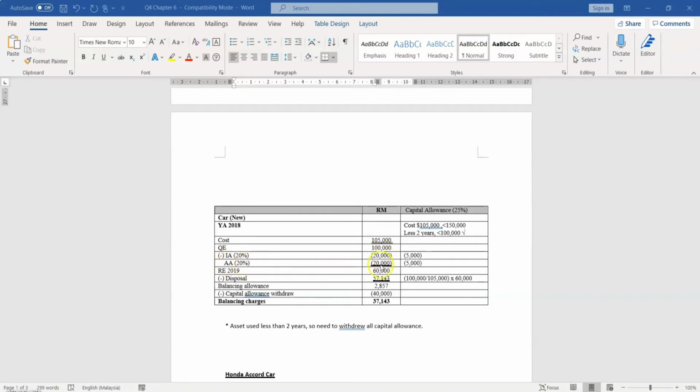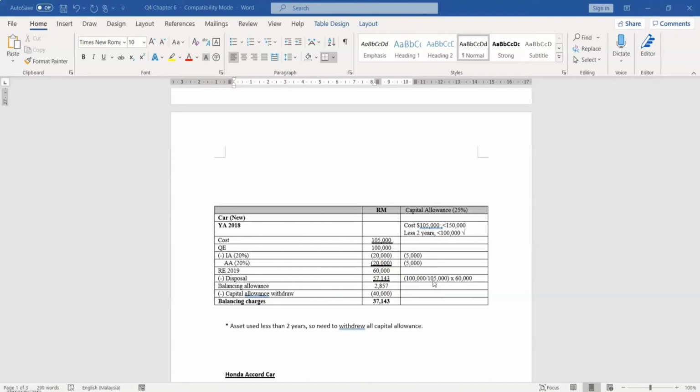So we get the amount 60,000 RE in 2019, and then the car has been disposed in 2019 for 60,000.